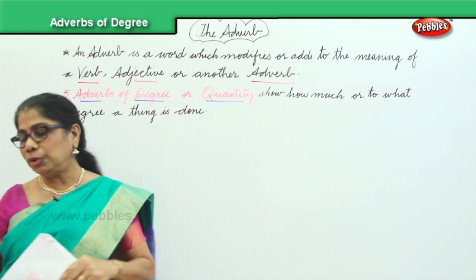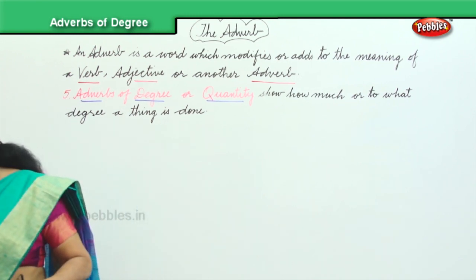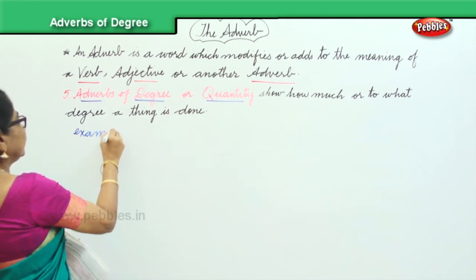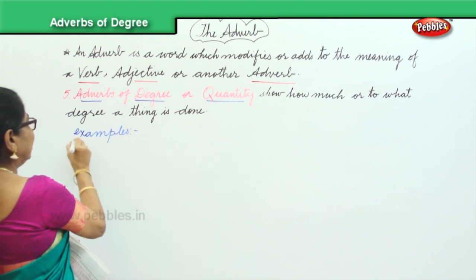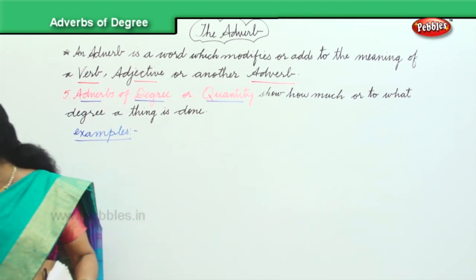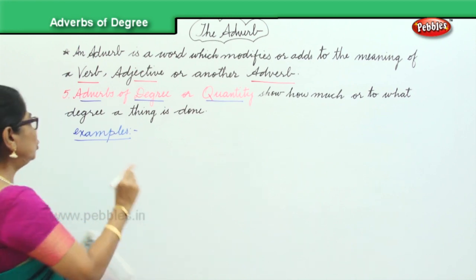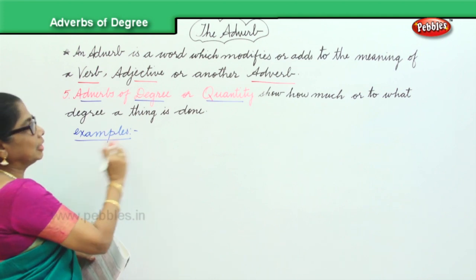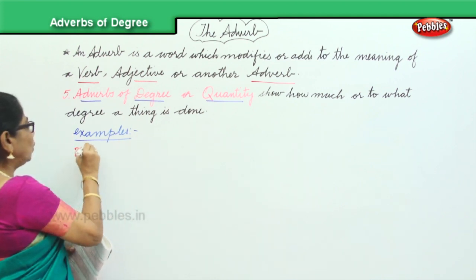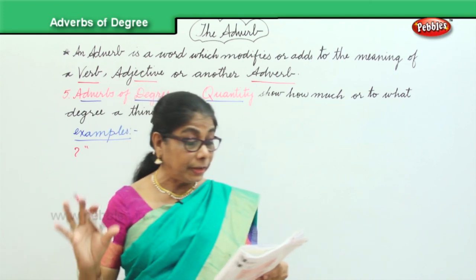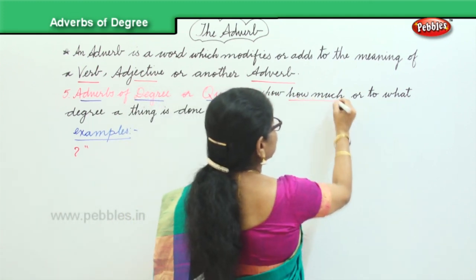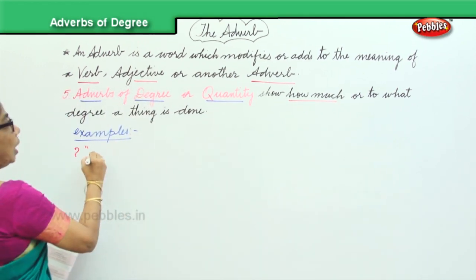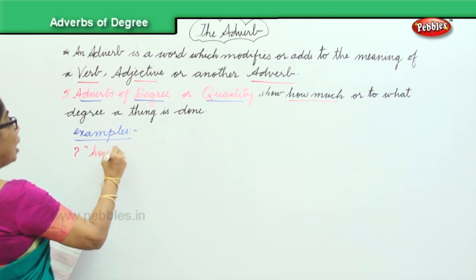Now, we'll give you some examples. Before that, to the sentence, you need to ask questions. What are the questions that you will ask? There are 2 questions. First of all, how much? To the sentences, you need to ask the question to find out how much.